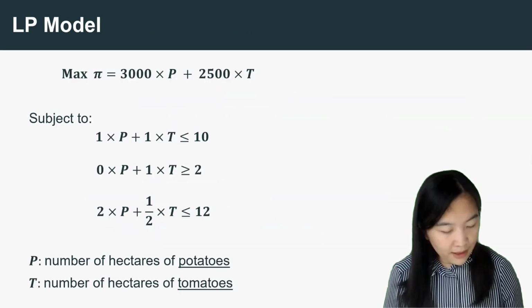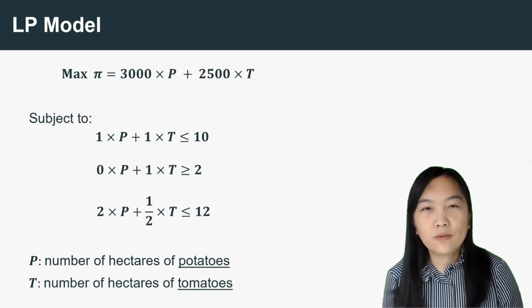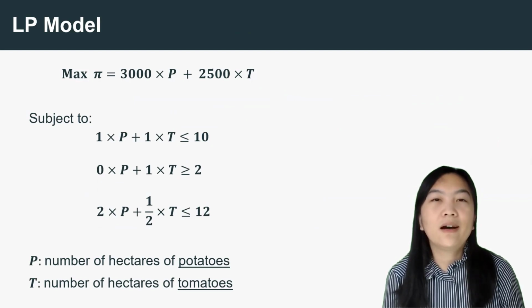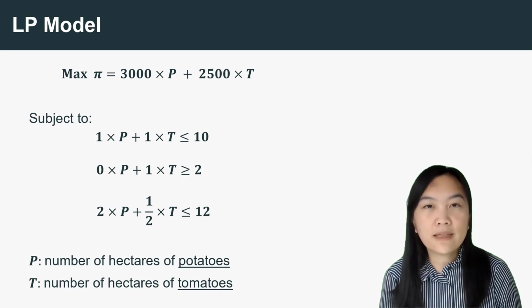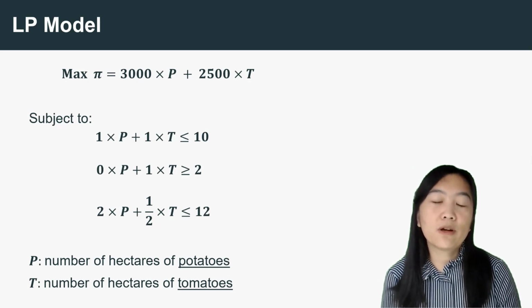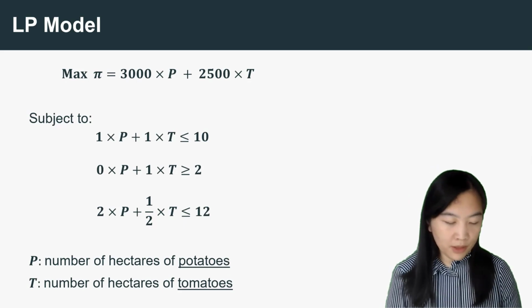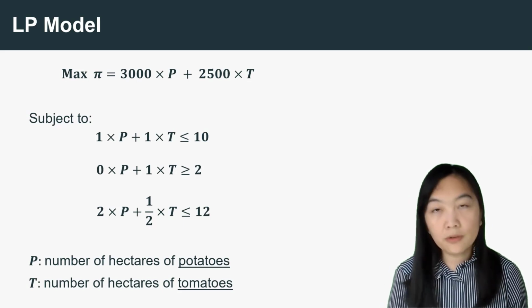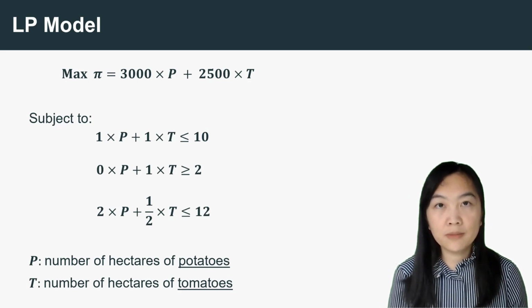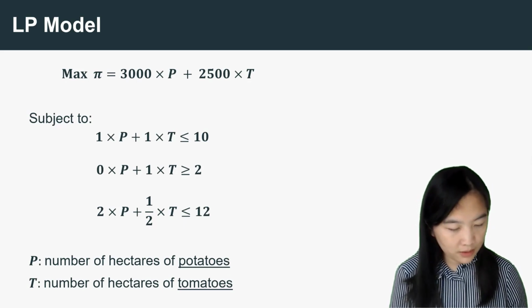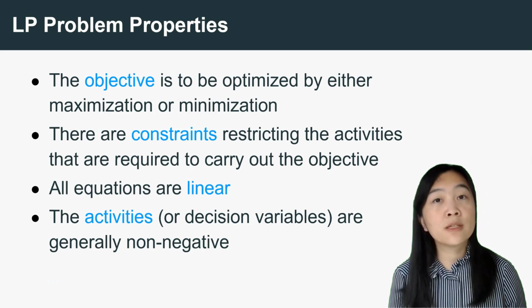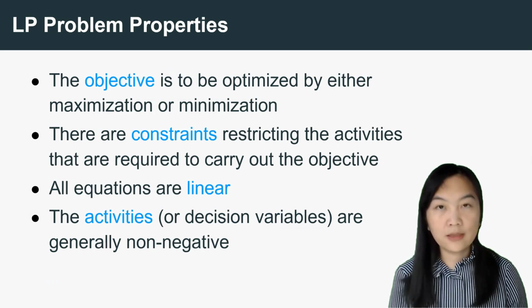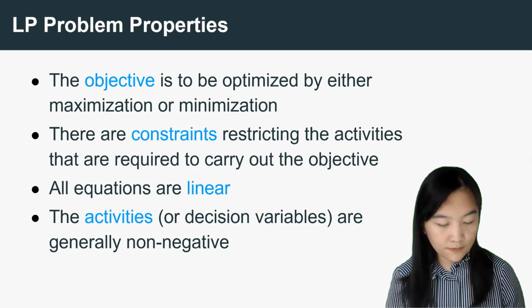So let me first show you the problem that is already properly set up, the linear programming problem. You will notice there are several components of this problem, and it's actually what we have explained here. There's an objective, constraints, and activities, and you can check that all of the equations are linear here.